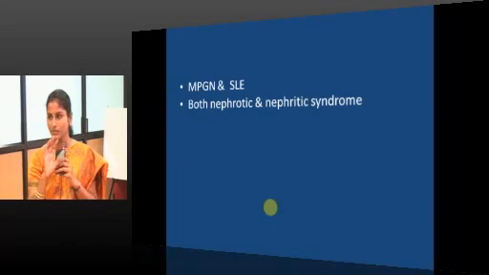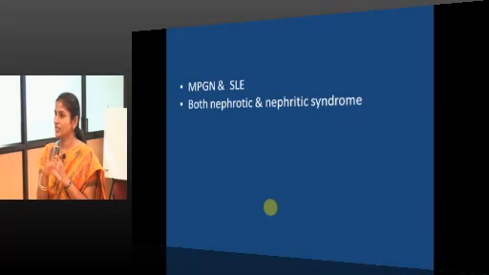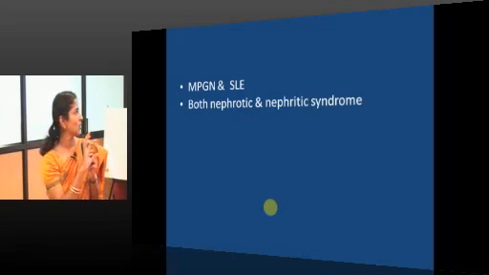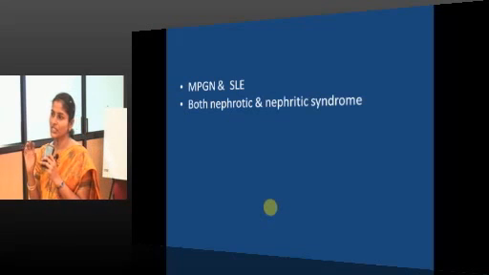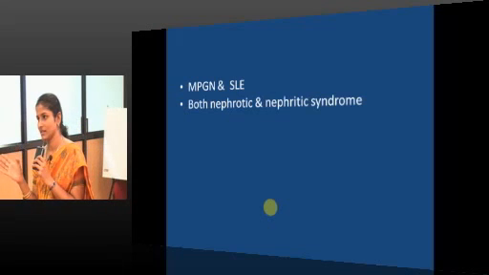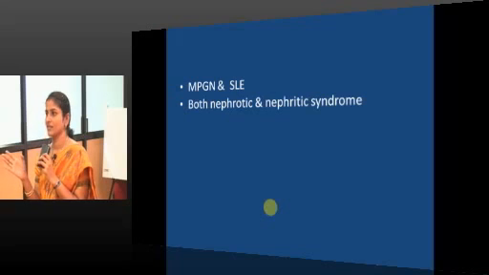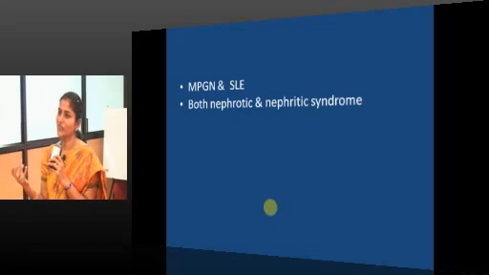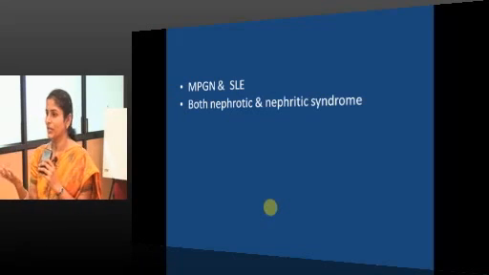So, the bottom line is MPGN and SLE can have both nephrotic and nephritic picture. Now, tell me what else is common between MPGN type 1 and SLE? Where do they have the deposit? Subendothelial location.